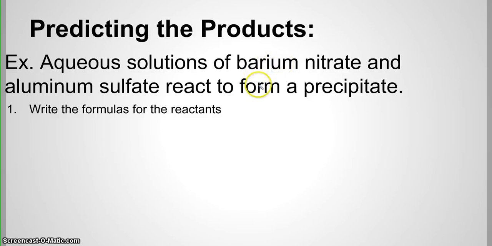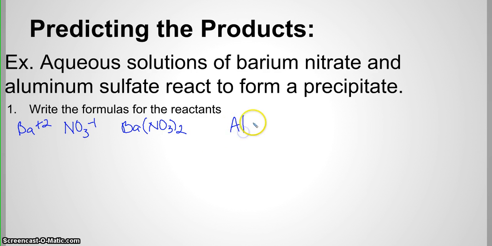So look at your periodic table. The charge of a barium ion will be +2. We all know nitrate, NO3 -1. When they bond together, we get Ba(NO3)2. Okay, and then we look at the other reactant, aluminum sulfate.